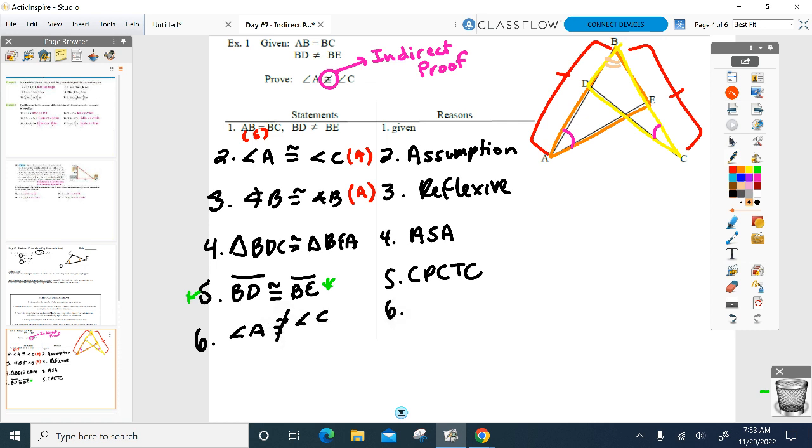And here's our final reason in every indirect proof. Assumption, which we started with, our assumption, led to, what did it lead to?